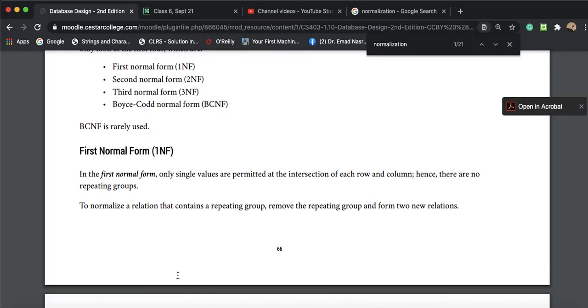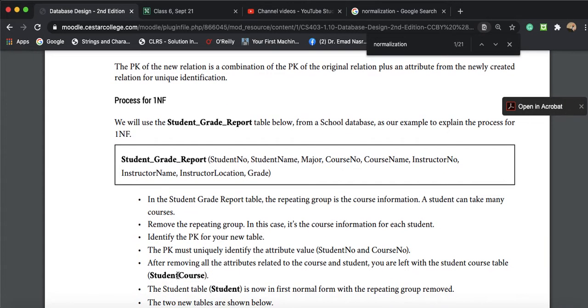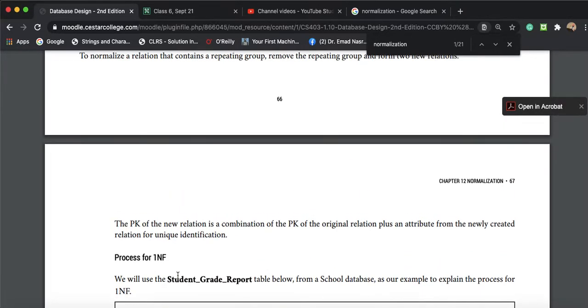The first normal form, what does it say? It has one rule. The rule says only single values are permitted in the intersection of each row and column. There is no repeating groups. Let's look at the example.